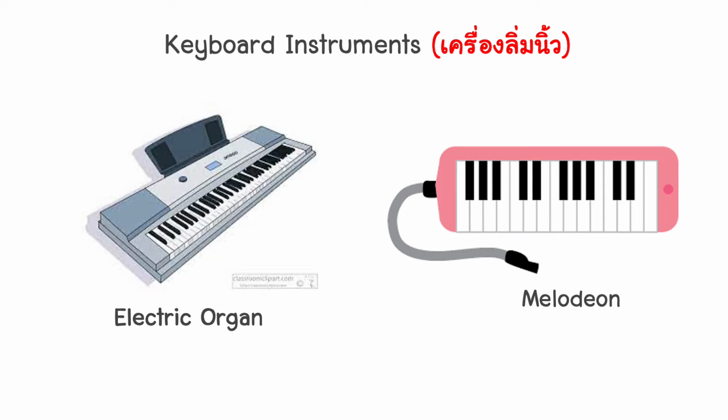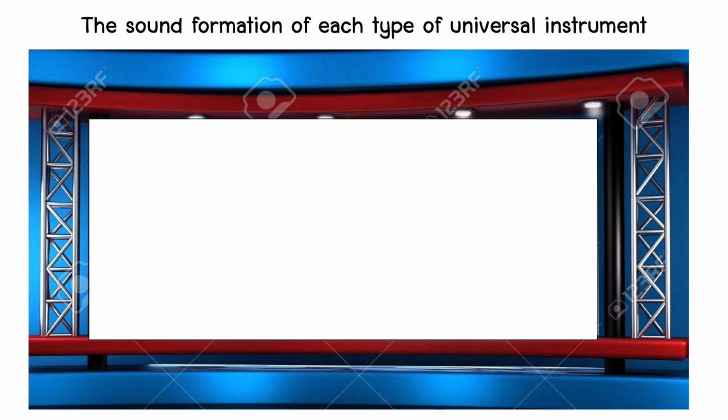So now you know all the 5 categories of the musical instruments in Universal. So, for you to hear and know the sounds of the types of universal instruments, just listen and watch this video.